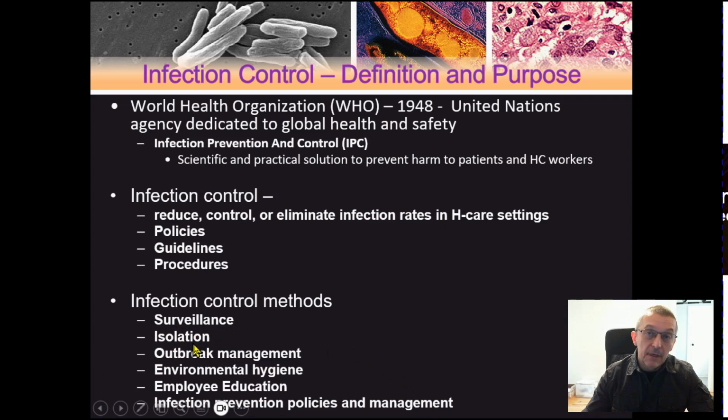Isolation, to isolate the pathogens or infections in a localized manner. We have outbreak management. In essence, that's managing the disease. Environmental hygiene, employee education, and infection prevention policies and management. So let's go through these one by one.